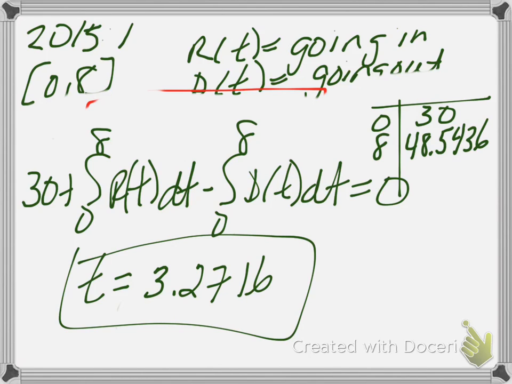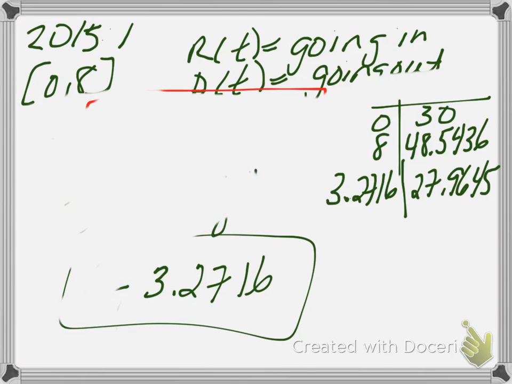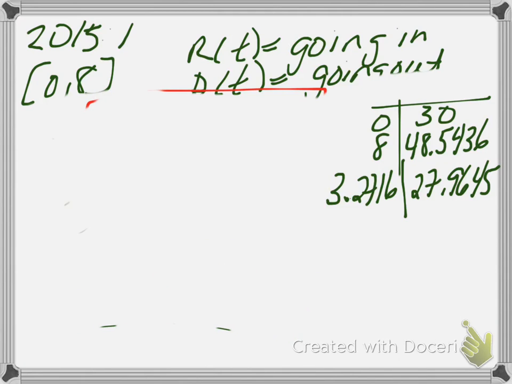That's the critical point. Let's see how much water there was at the critical point. You pop 3.2716 into 30 plus the integral from 0 to that minus the integral from 0 to that, and you get 27.9645.